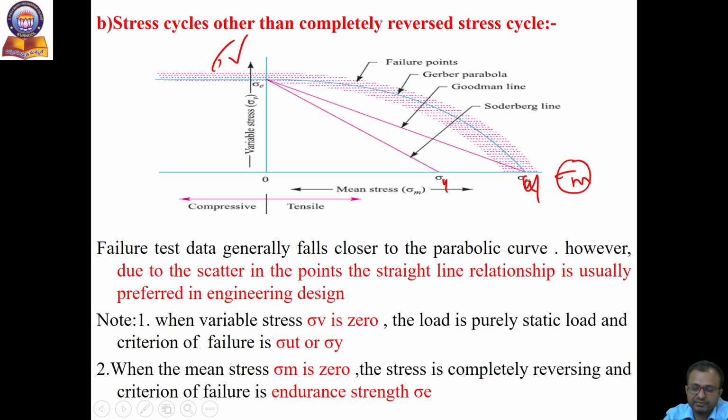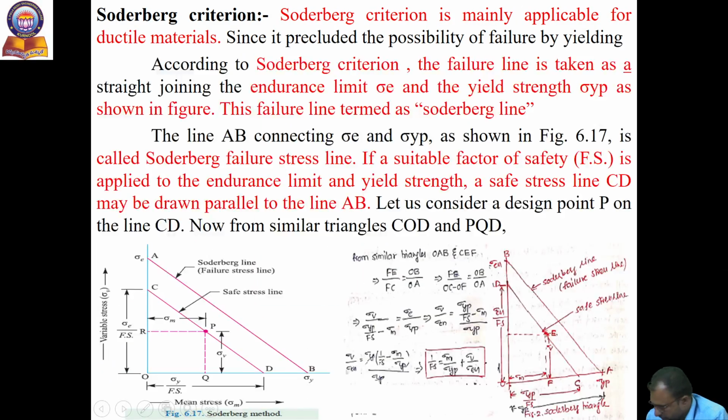For variable loading, the criterion of failure is the endurance stress. By changing the mean and variable stresses, we get the failure points.